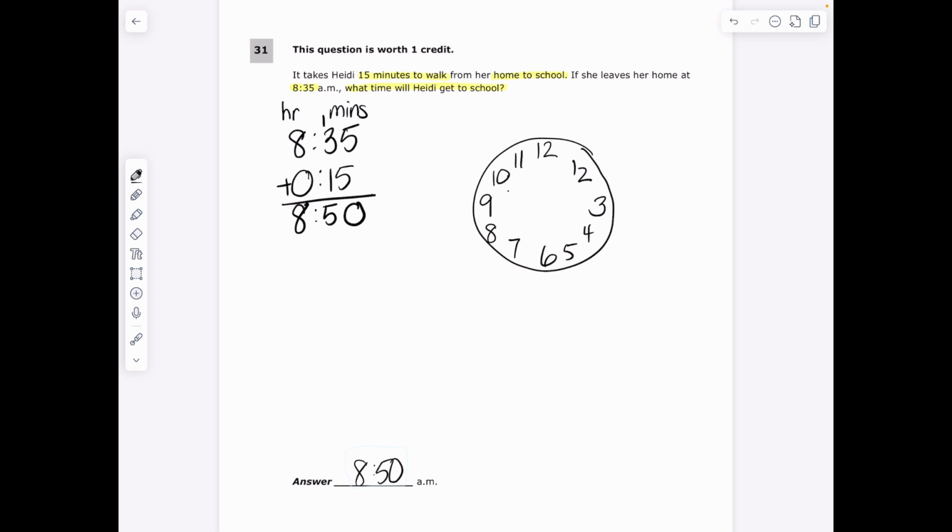So the little hand starts here on the 35, and they may start adding the minutes together, 15 minutes. So I know from 7 to 8 is 5 minutes. And then from 8 to 9 is another 5 minutes. And then from 9 to 10 is another 5 minutes. So you could have done something like that where you counted to 5, 10, and 15 minutes. Both of those work. But remember, for 1-point problems, they just want to see the final answer. All right, hit pause and jot this down into your notes.